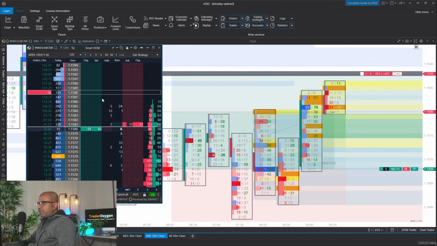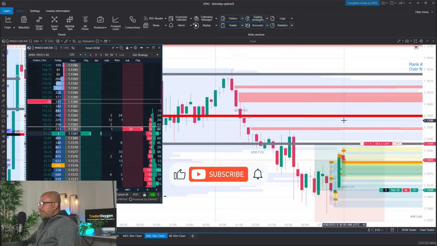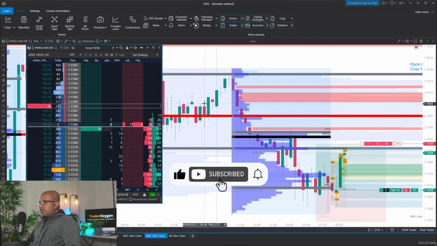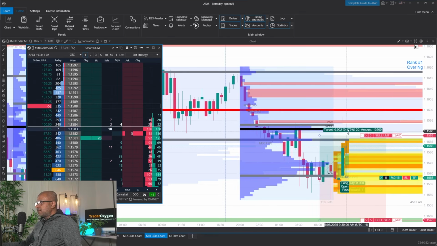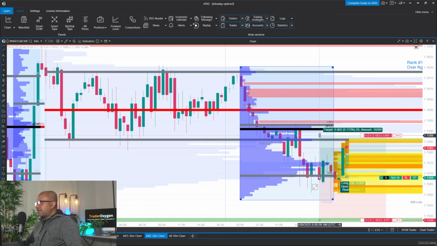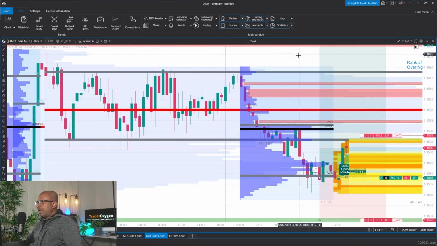The price went all the way up, almost getting closer to the take profit. So now the buyers have become aggressive and the price is shooting up. You can see in the smart DOM, it again shot up towards the take profit, giving us the winning trade. And with active trade management, if the trade goes in the intended direction, we will take the trade all the way up here into a 1 to 3 risk to reward trade.